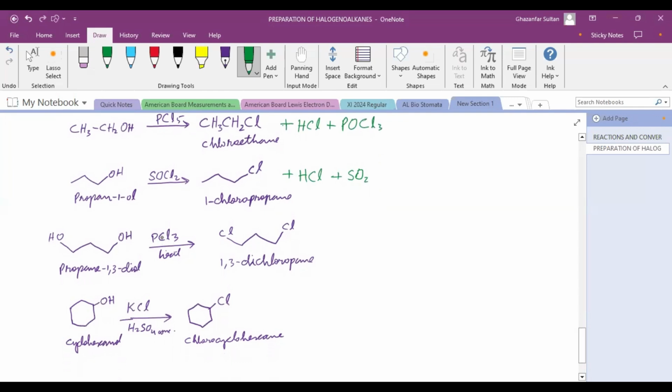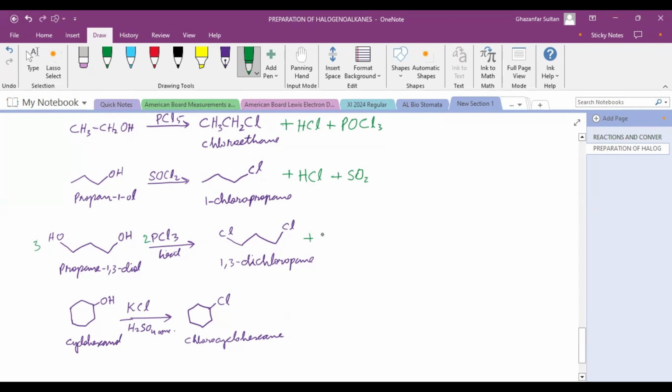And in case of PCl3, 1 mole of PCl3 is enough for 3 moles of OH. So here there are two OH groups.